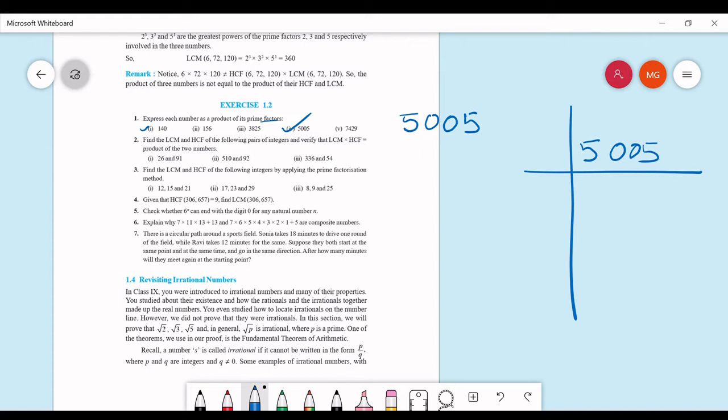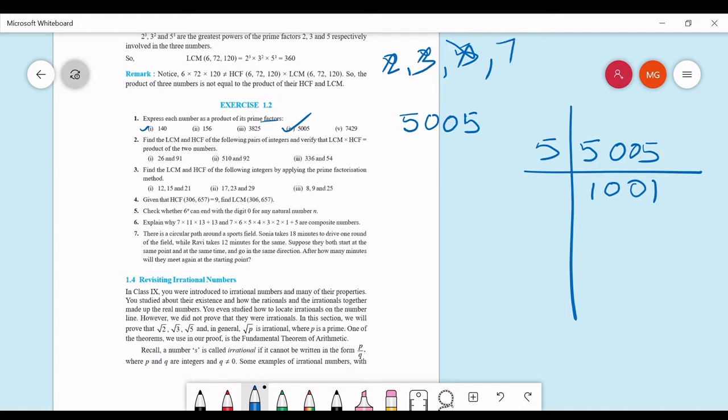So we'll try to divide this by 3 because the next prime number is 3. But I guess it is neither divisible by 2 nor by 3. So no. The next one is 5, right? So I guess it will go. So 1, 0, 0, 1, right? So is it divisible by 5 now? No, this is not.